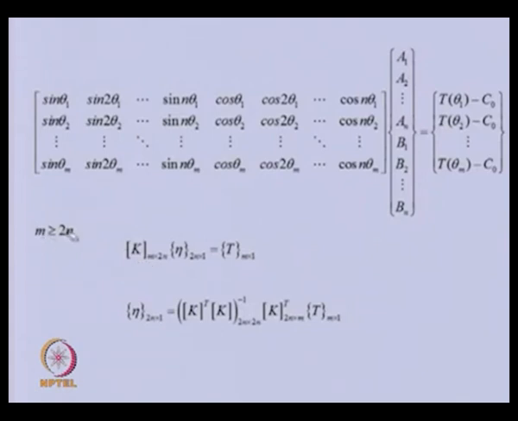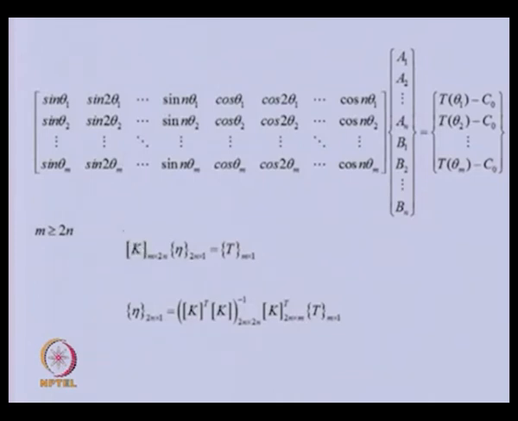And if m is not equal to 2n, it is greater than 2n, then this K matrix will be a rectangular matrix. For that case, obviously, if we want to know nu, we need to invert the K matrix, but a rectangular matrix cannot be inverted directly.